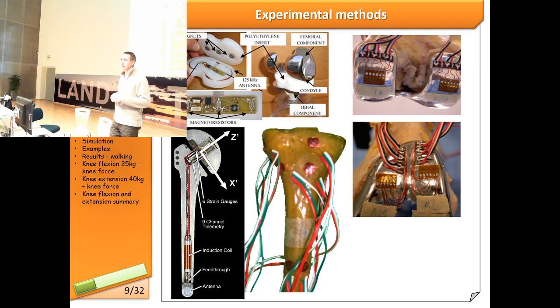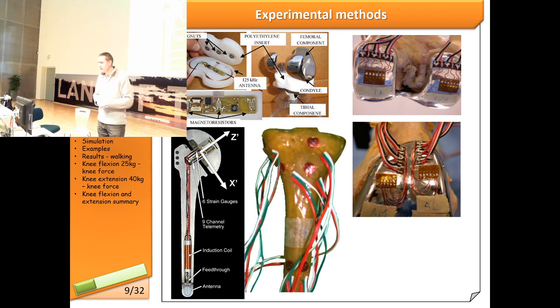So something like that has been made and tested, and because it doesn't require batteries inside, which would be dangerous, it could be installed in a patient, with power supplied from the outside with some reader, and the patient can live with that implant later on without much trouble. The implant was probably 100 or 10,000 times more expensive than the usual one, but it allowed researchers to get some information about hip forces.